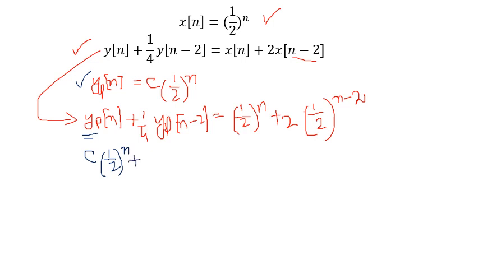plus 1 by 4 c 1 by 2 power n minus 2, and this is equal to 1 by 2 power n plus 2 times 1 by 2 power n minus 2.